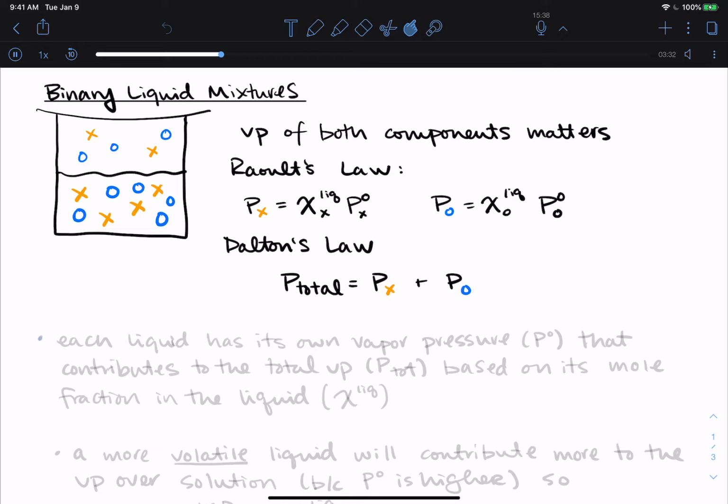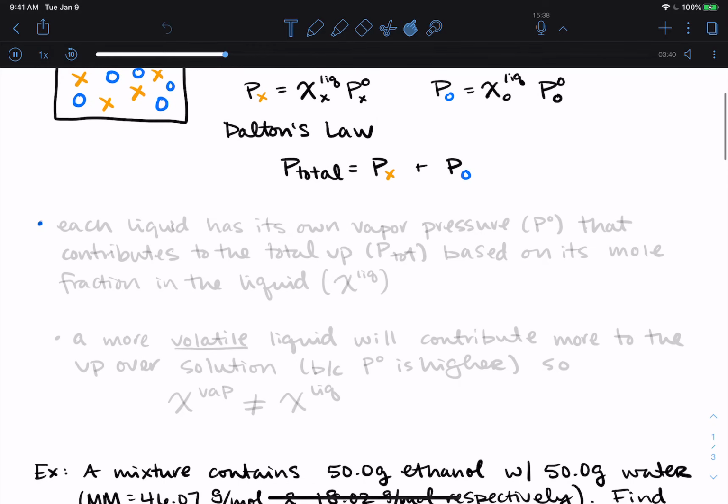So to go along with these equations, I have a little bit in terms of words or bullet points that we can look at.